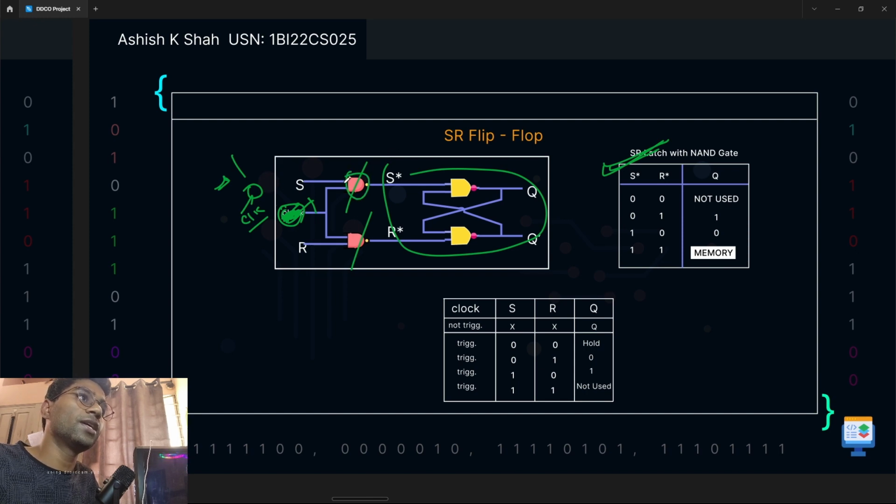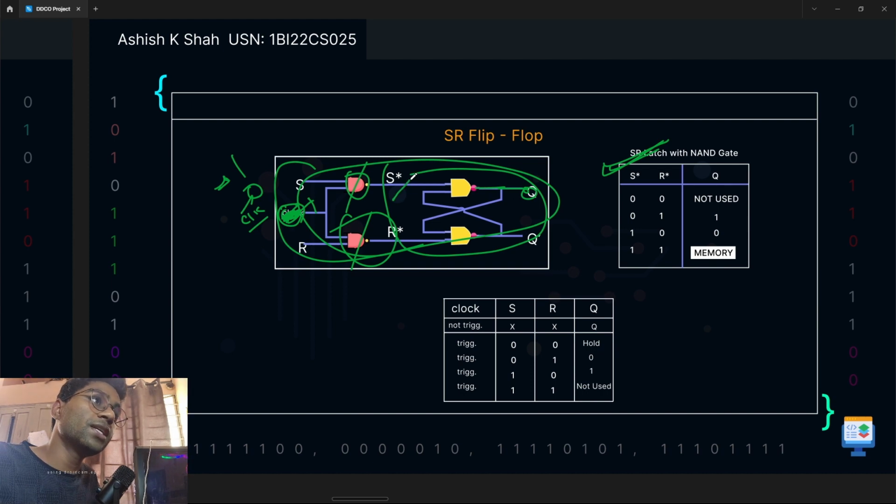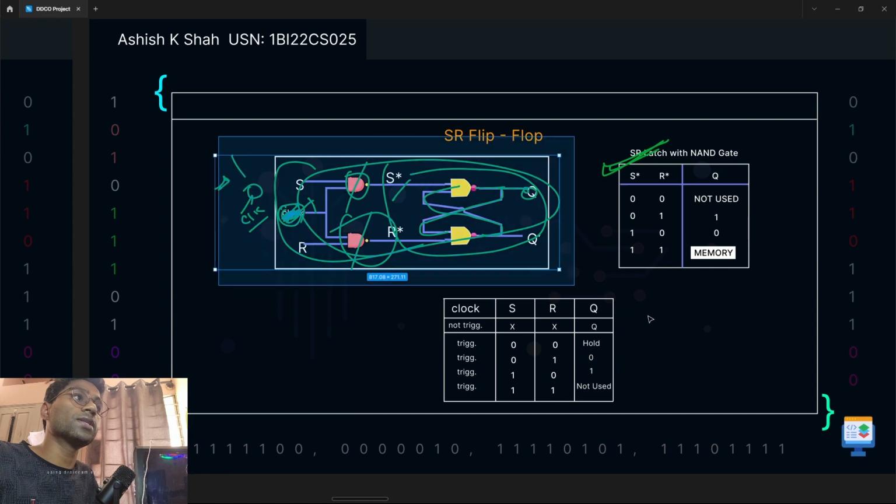Here I have added 2 extra NAND gates, and this whole circuit is a sequential circuit. Why am I calling it a sequential circuit? Because the output of the current circuit depends upon the present input as well as the past input. As you can see here, this is the past input for the current output. So it is a sequential circuit, and flip flops and latches are made of sequential circuits, not combinational circuits.